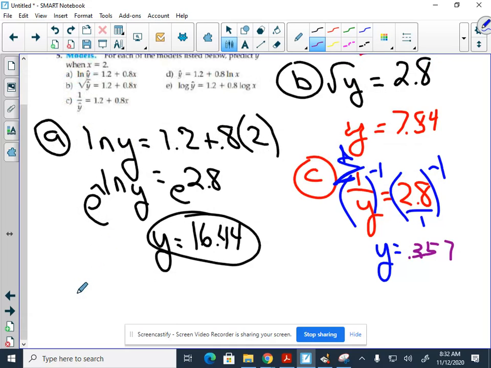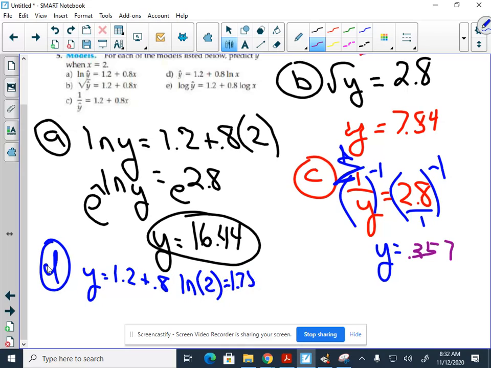D. Log y equals, this one would be back to 2.8.